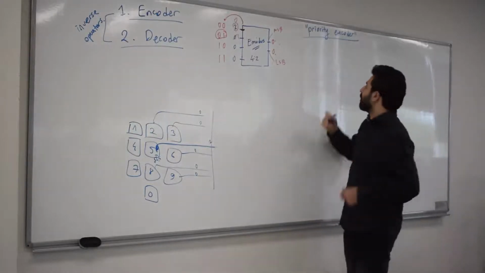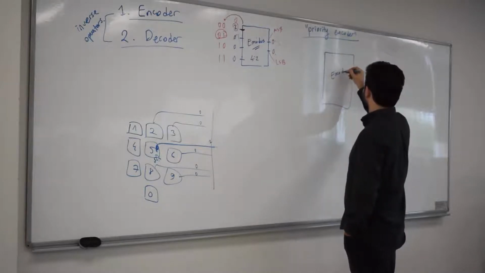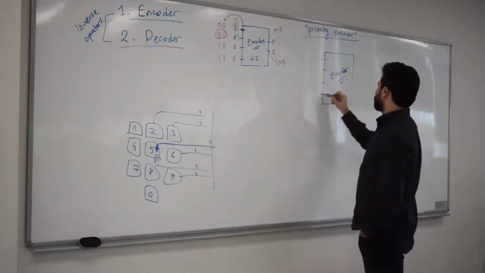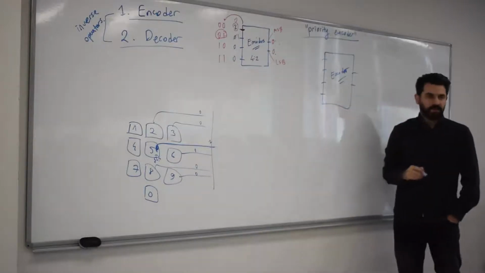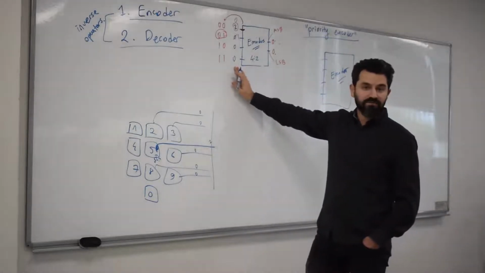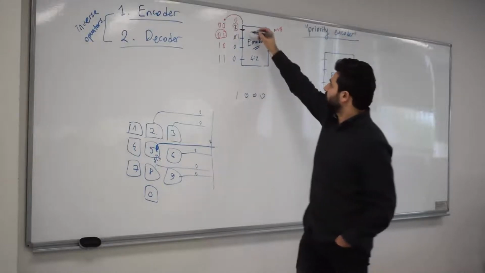In the priority encoder, you still have this encoder, and you have 4 inputs, of course. There are 4 inputs here that are valid, that means you have 1, 0, 0, 0. So let's name them.